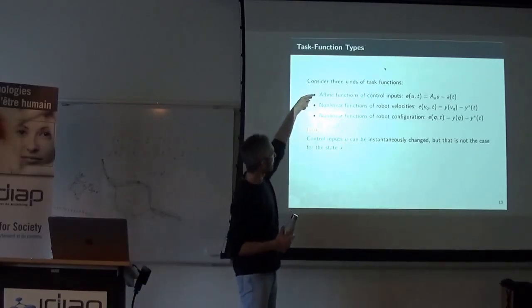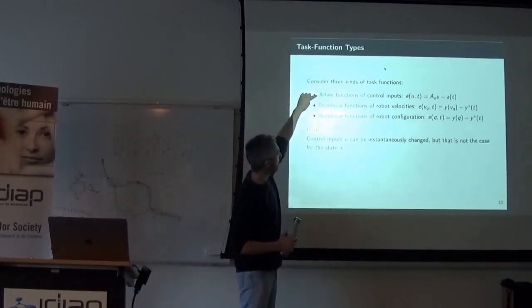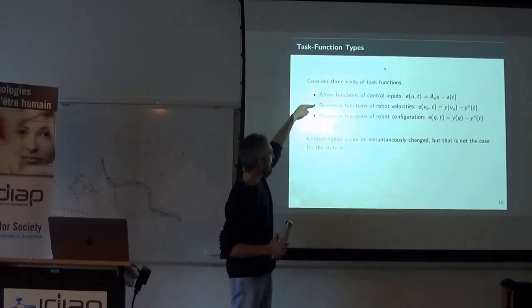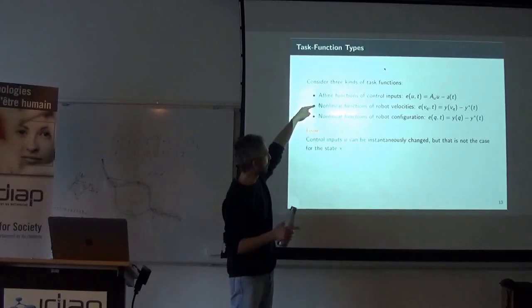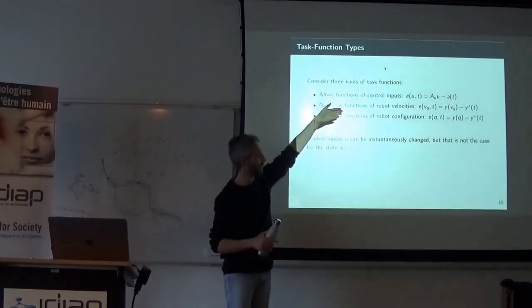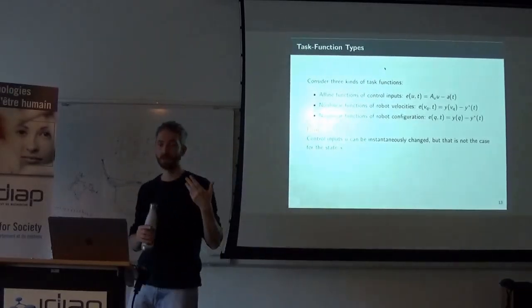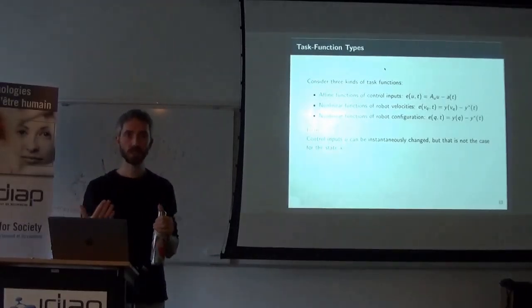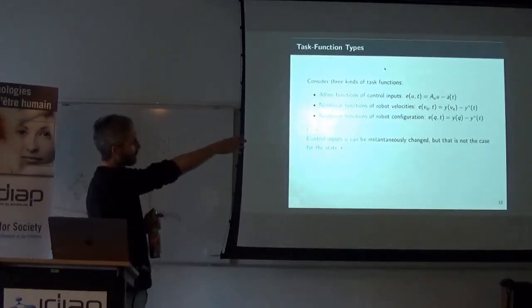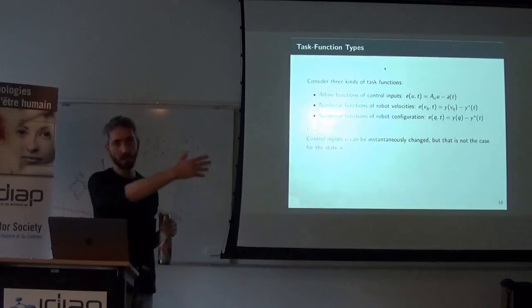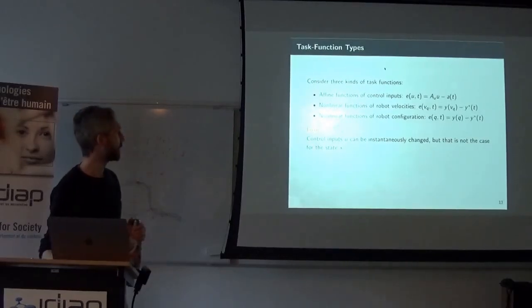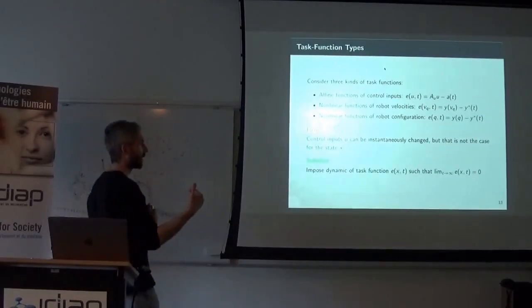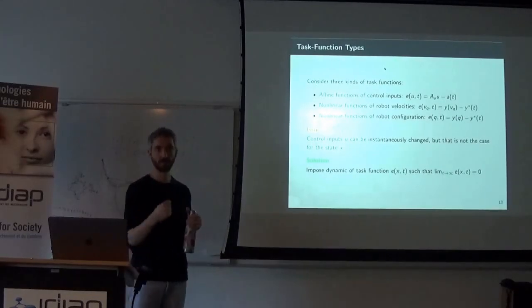So we can directly satisfy affine functions of the control inputs, but we cannot directly impose a function of the velocity or the configuration. So the trick to try and minimize a function of the velocity and the configuration is to impose a dynamic of this function.